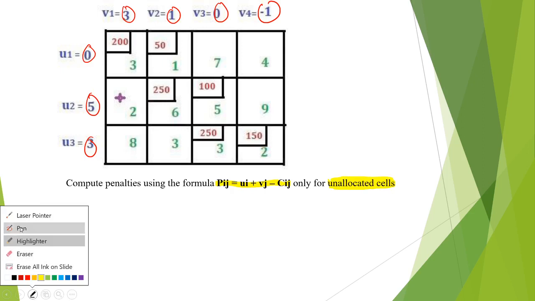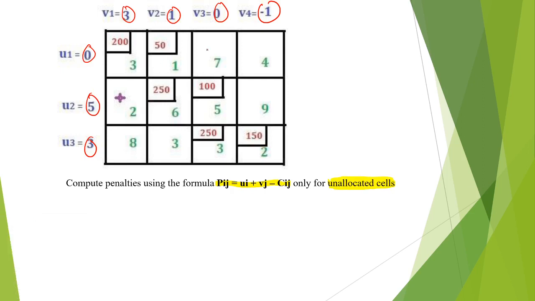This is an unallocated cell, so I will calculate P13, first row and third column, which is equal to U1, which is 0, plus V3, which is 0, minus 7. So the value is minus 7.